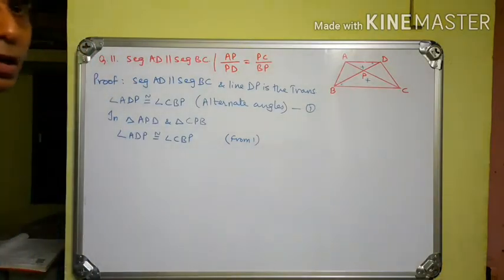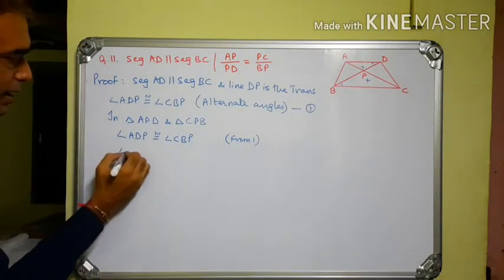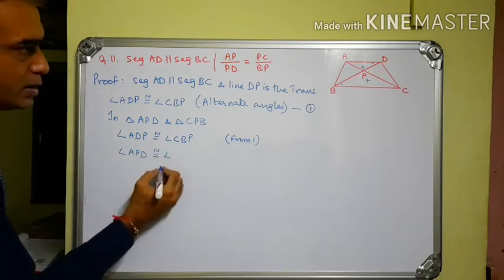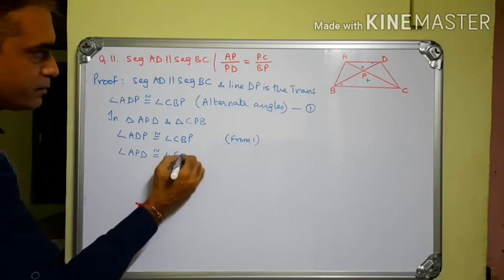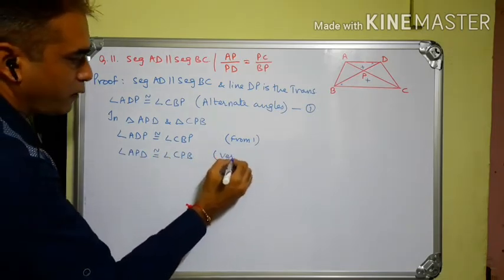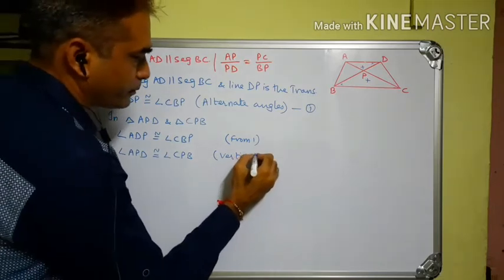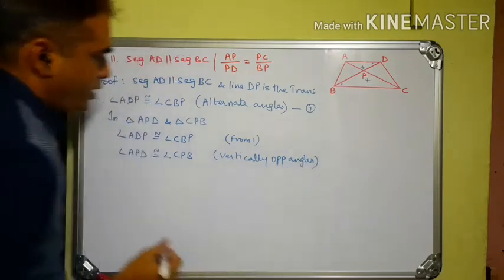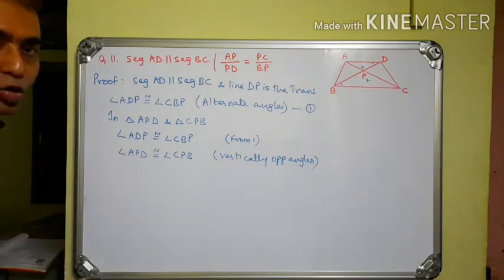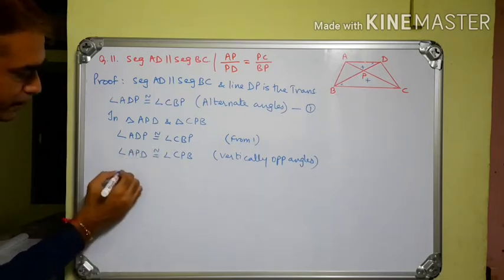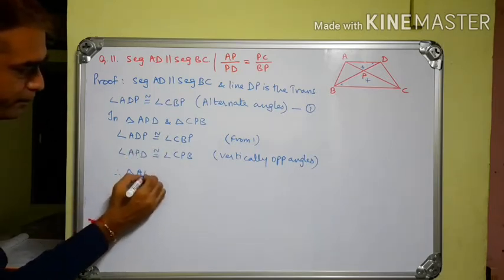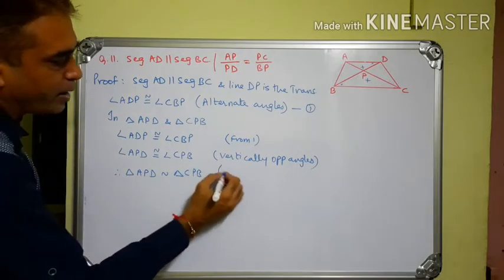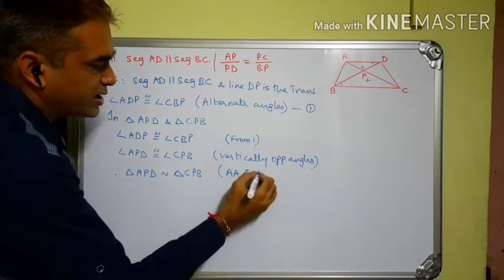Reason, these are the vertically opposite angles. And two pairs of corresponding angles are congruent, therefore the two triangles are similar. Therefore triangle APD is similar to triangle CPB by which test? AA test of similarity.